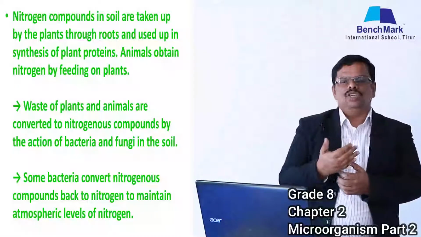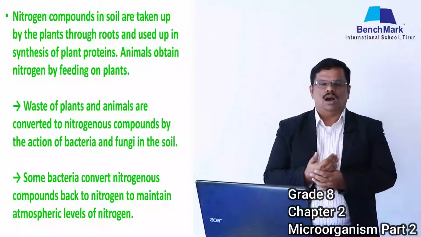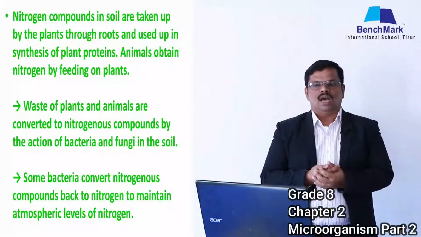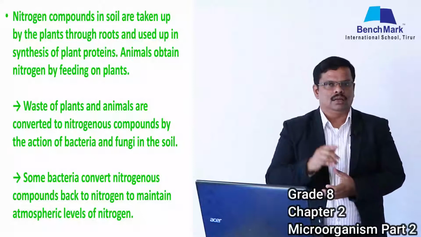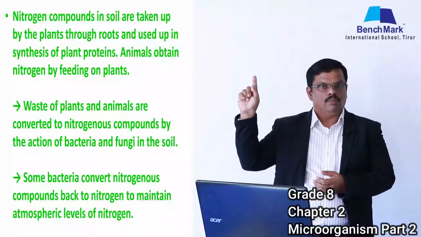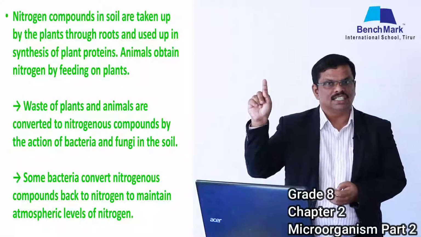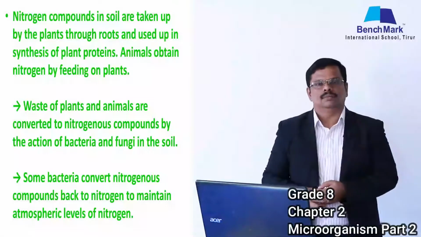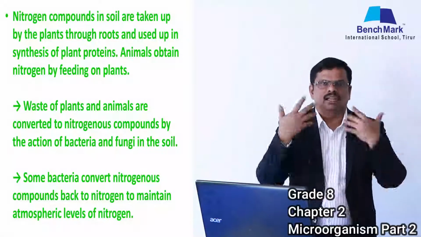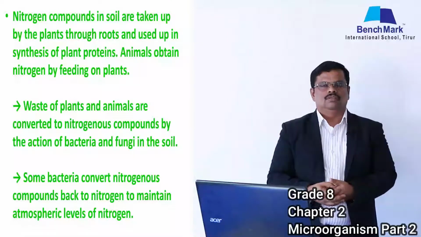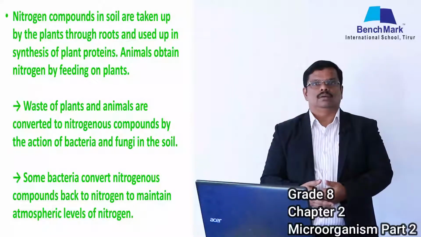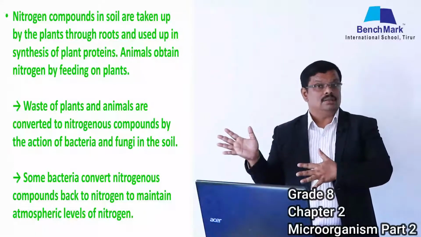Then nitrogen compounds in soil are taken up by the plants through roots and used in the synthesis of protein. One thing I have learnt here, nitrogen compounds contribute to the synthesis of protein, right? And animals obtain it when they feed on the plants. Then another way, we are talking about the nitrogen cycle.